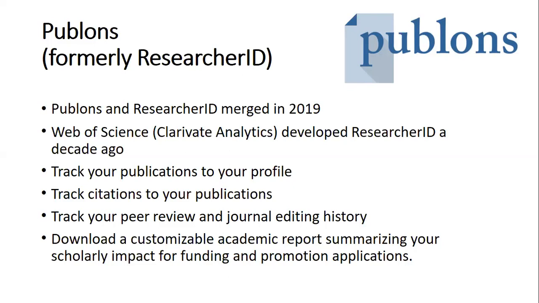And it's used to track publications to your profile and track citations to your publications. But the big plus about Ballance is that it tracks your peer review and journal editing history, which is really helpful for journal editors when they're looking to find reviewers.